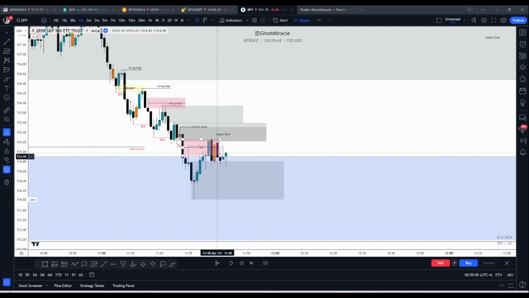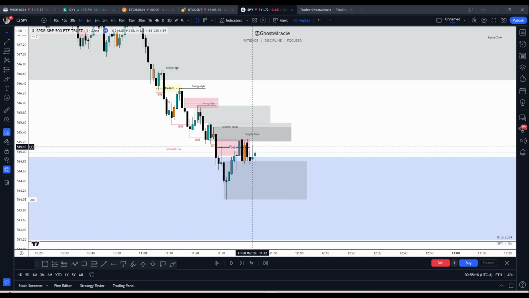Price is already dumping. It's been flushing continuously, and going in on the buy after a change of character is really risky. Really risky.